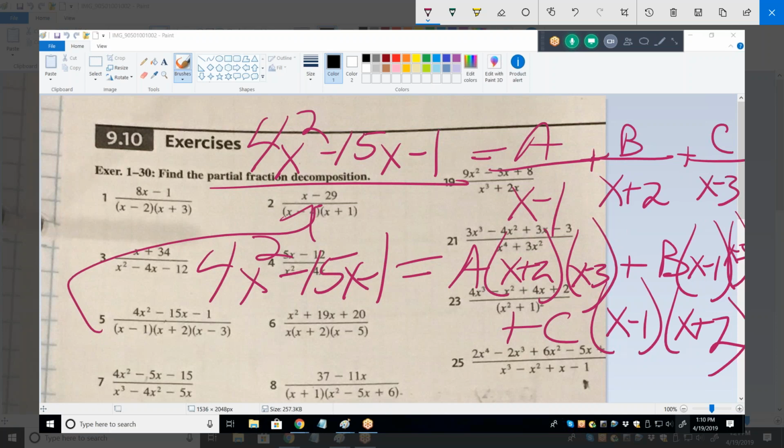Well, it's a different technique. Let's go ahead and multiply out the right side. All right. Hold on a second. I'm going to need more room. I'm going to start from the top.